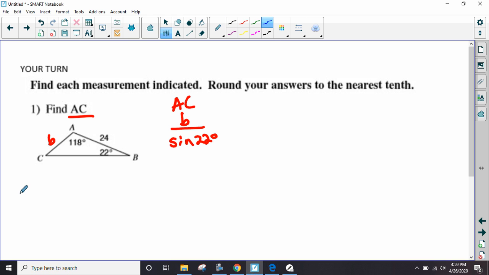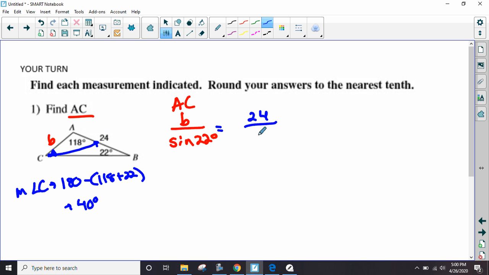We can find the measure of angle C as 180 minus 118 plus 22. Remember, all the angles of a triangle should add up to 180, and we end up getting 40 degrees. This is the angle we just found, so we can use this side right here. So we're going to say 24 over the sine of 40.